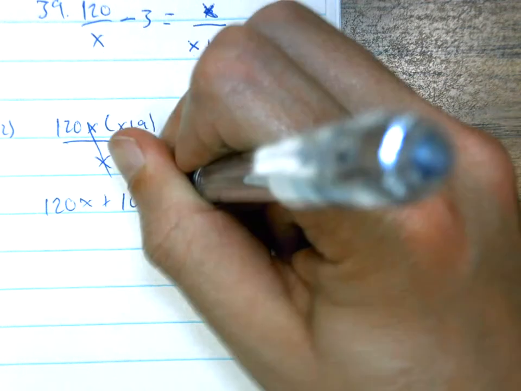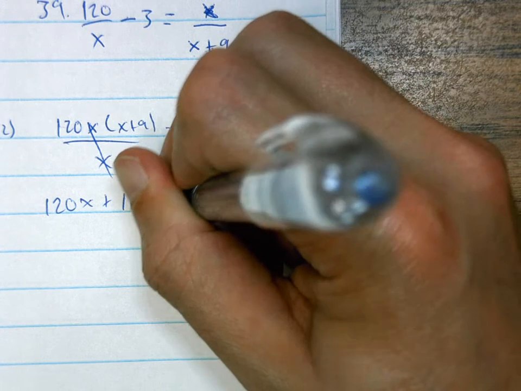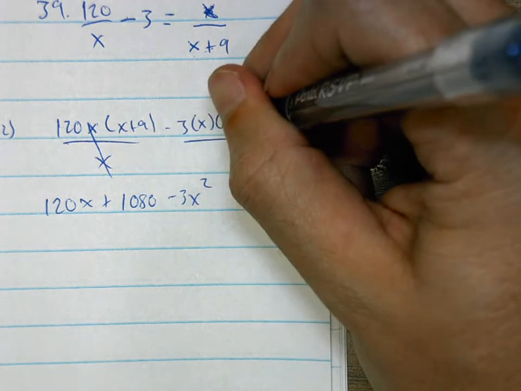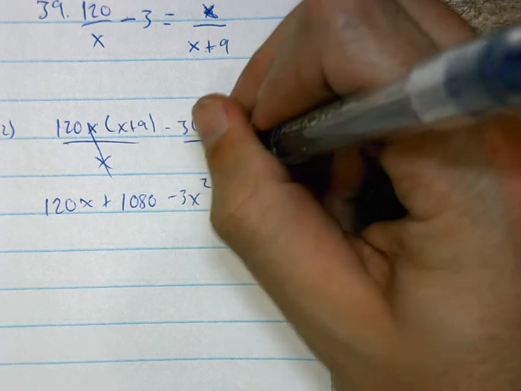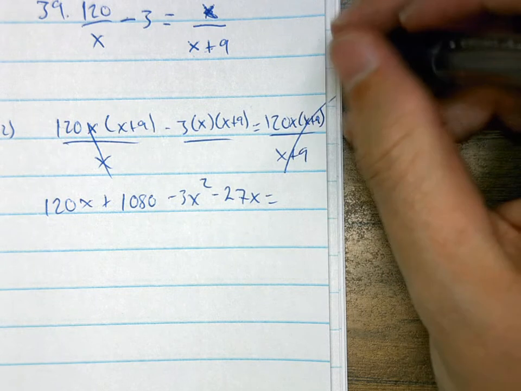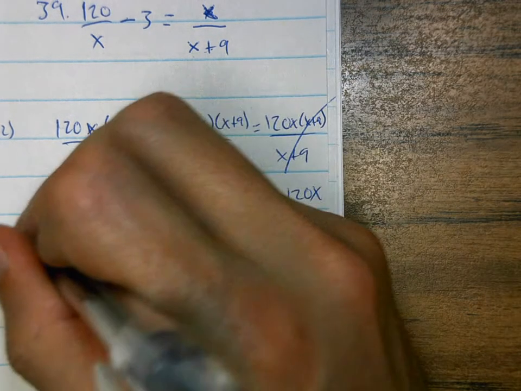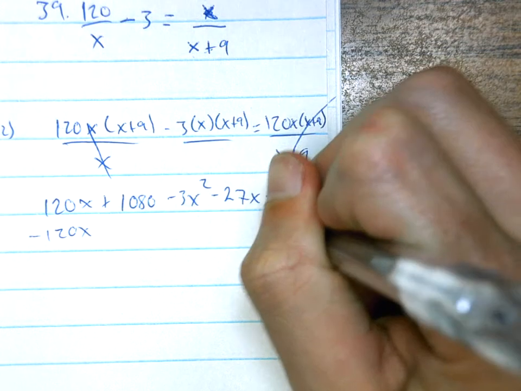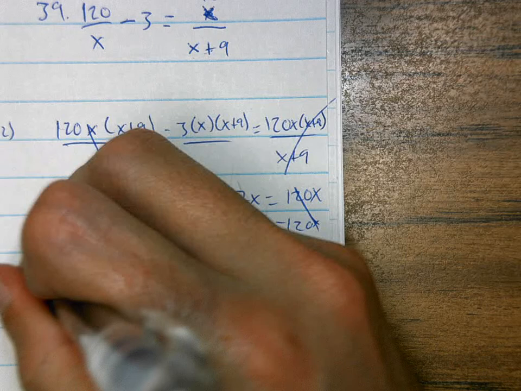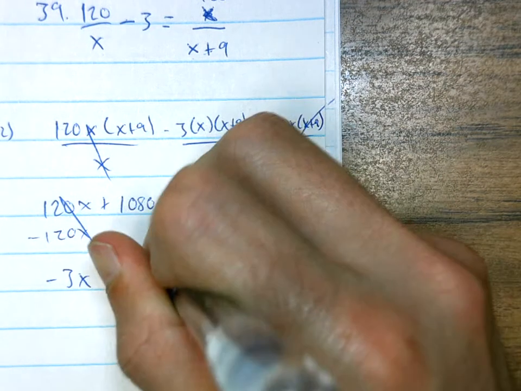Negative 3x times x is negative 3x squared. And negative 3x times 9 is negative 27x equals 120x. Since there's 120x on both sides, we can cross them out and write this in standard form. So negative 3x squared minus 27x plus 1080 is equal to 0.